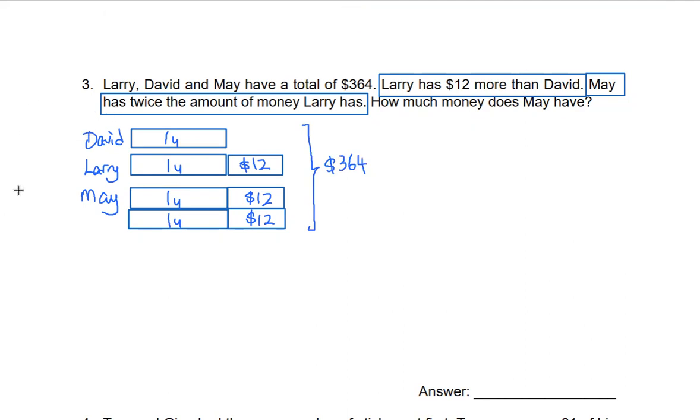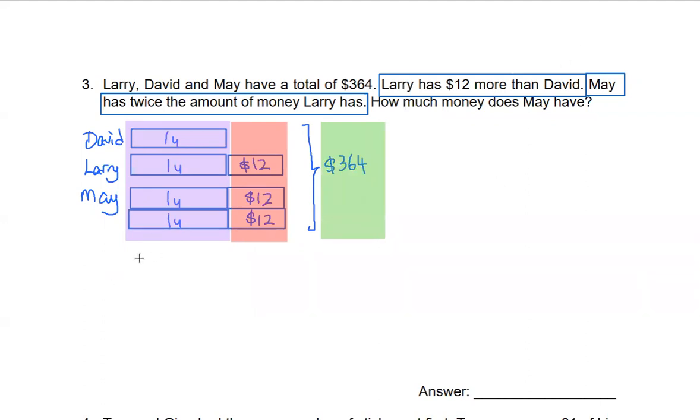So looking at this model, we can see that there is a total of 4 units plus these 3 sets of $12, which is $36. These two, the purple and the red, added together give me the total of 364.